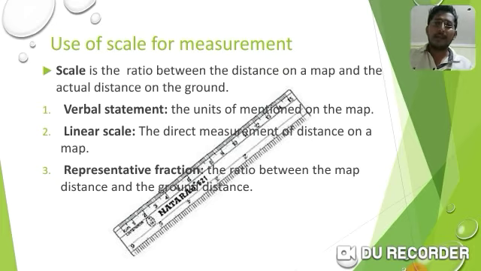So for example, in representative fraction, the scale may mention like 1:1 lakh, which means 1 centimeter in the map actually denotes 1 lakh centimeter of the actual distance. So that's the difference between these three statements: verbal statement, linear scale and representative fraction. So this is the use of the scale.